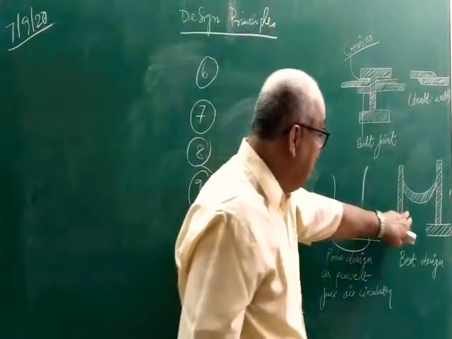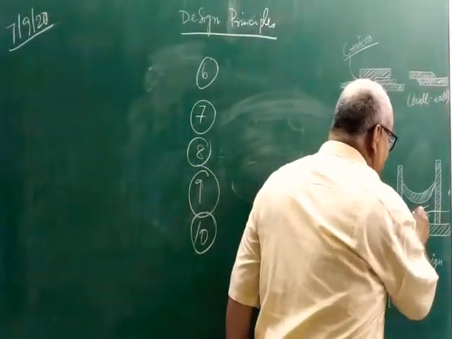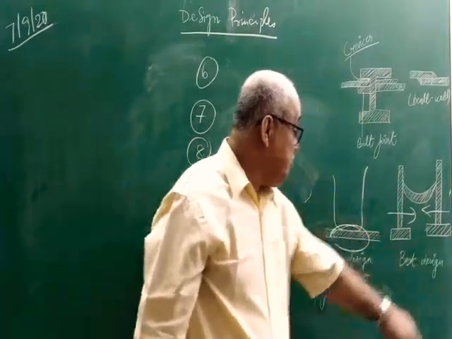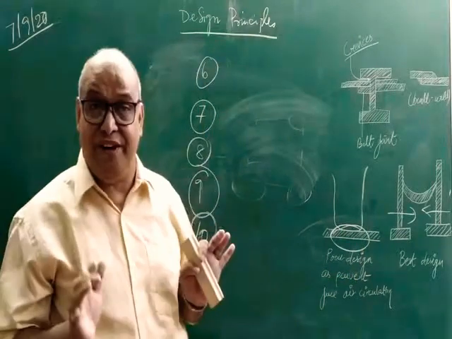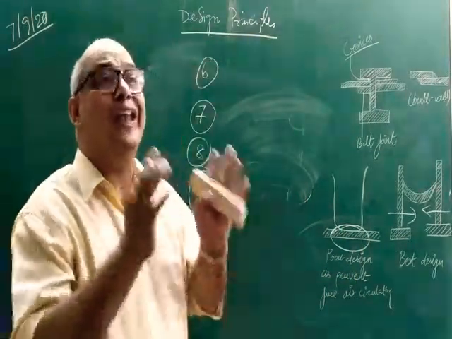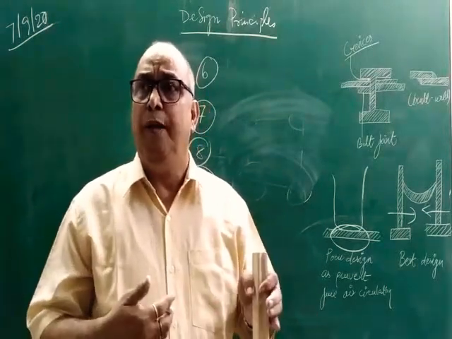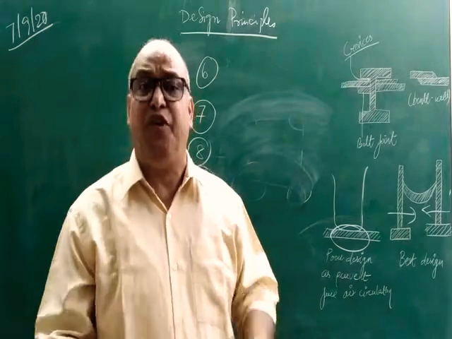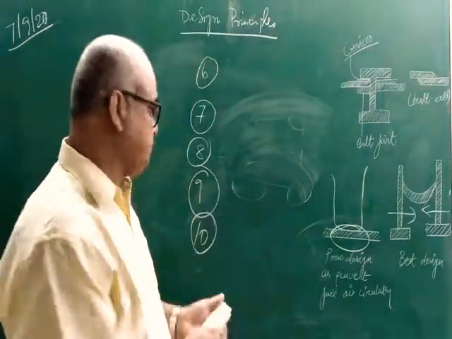But here free air circulation is possible, and therefore this kind of design will be the best design, and this kind of design will be considered a poor design. Every design should be provided with long legs so that air circulation is possible to restrict formation of any stagnant area.